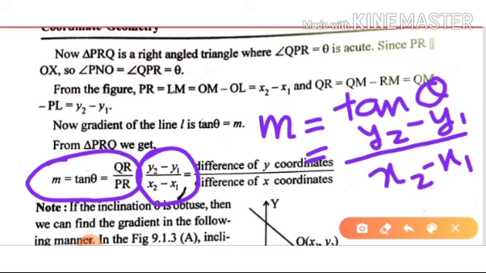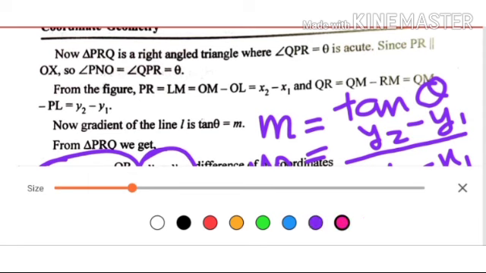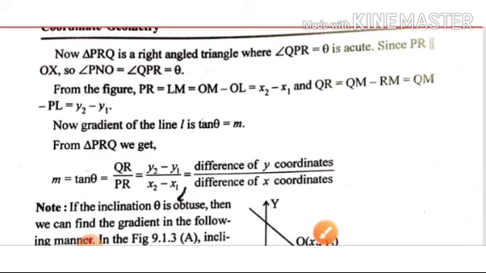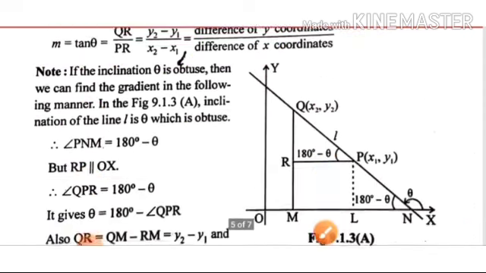If you are given the coordinates of 2 points on the line, then you can also find out the gradient of a line. So m is equal to y2 minus y1 divided by x2 minus x1. This is the formula. This way we can find out the gradient of a line.